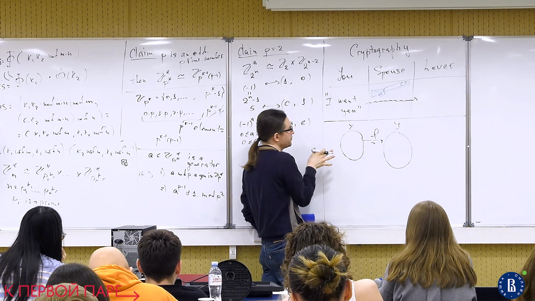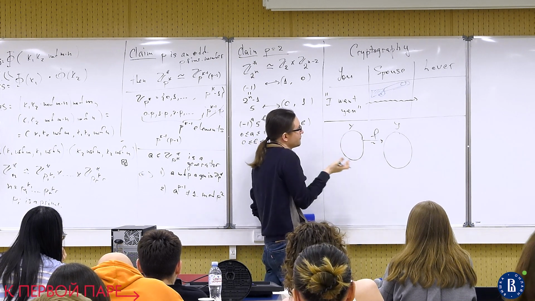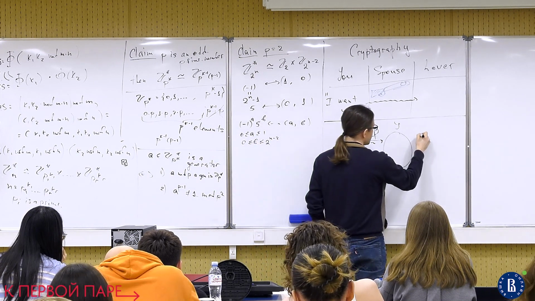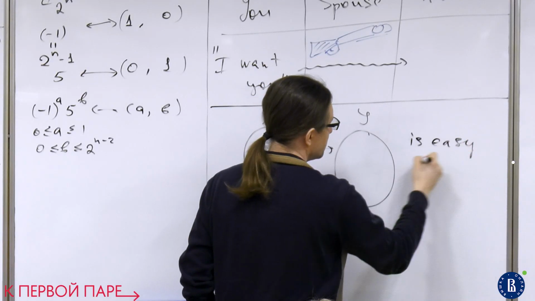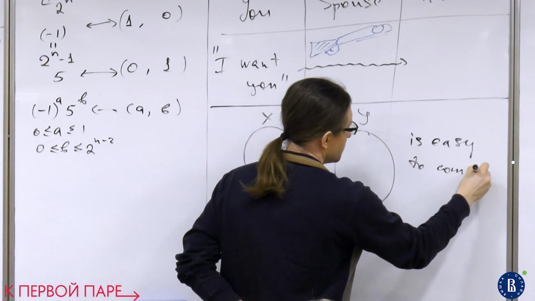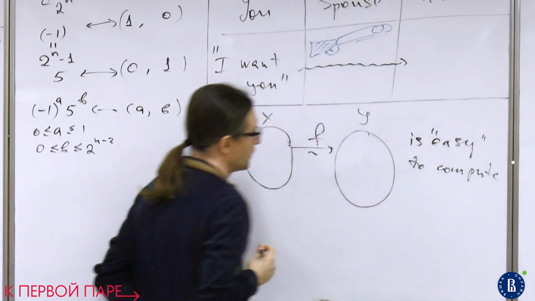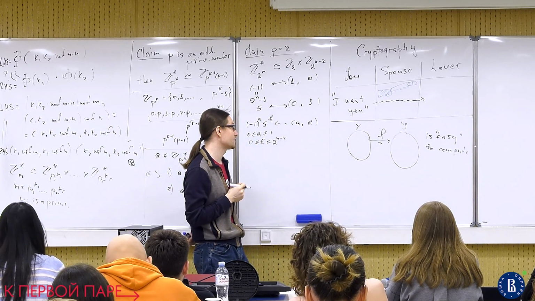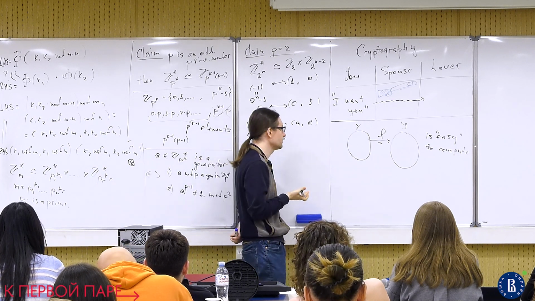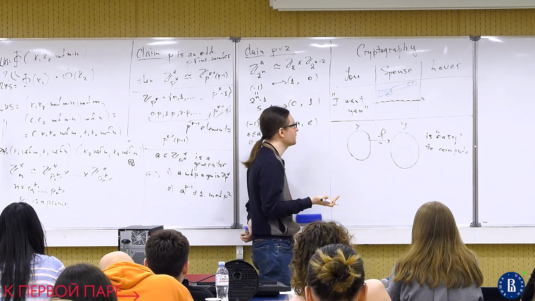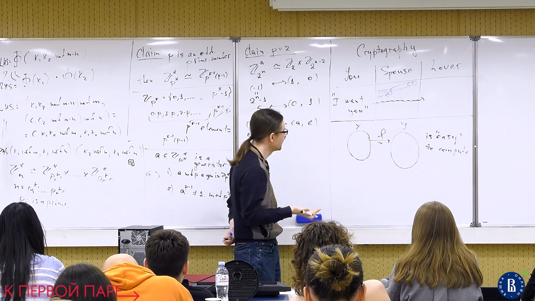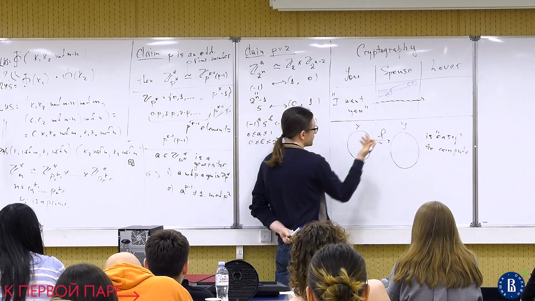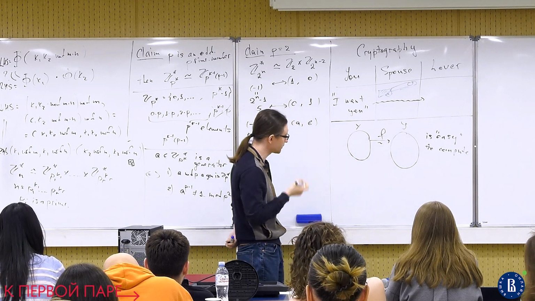And if you want to compute this map, well, it's very easy. It's easy to compute. No one can say exactly what easy means, but it's fast. You don't have to wait 1 million years in order to find an image of a point x. In a couple of seconds it can be done.